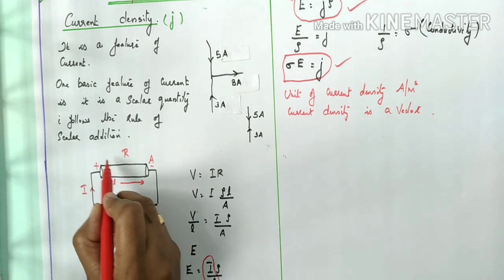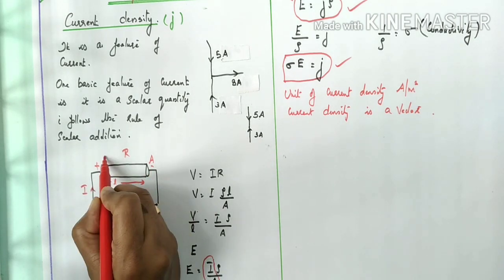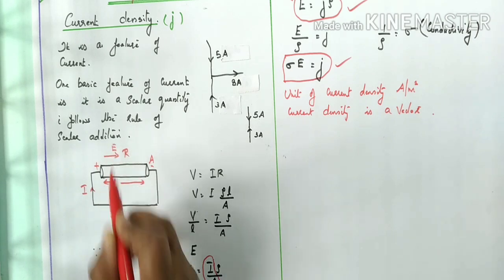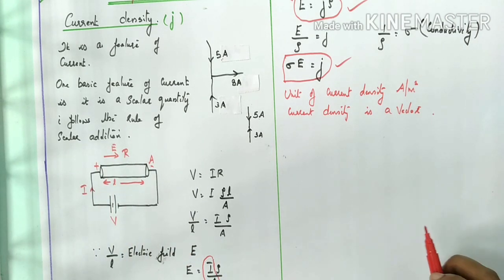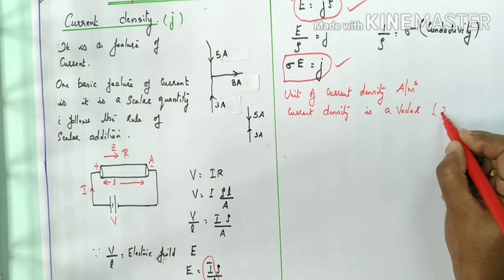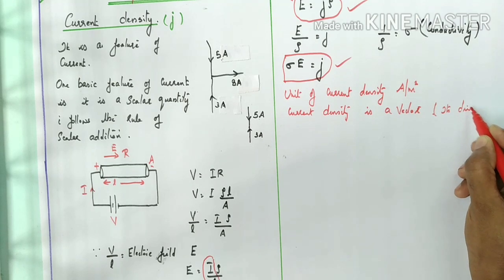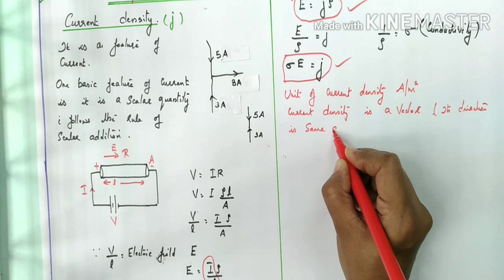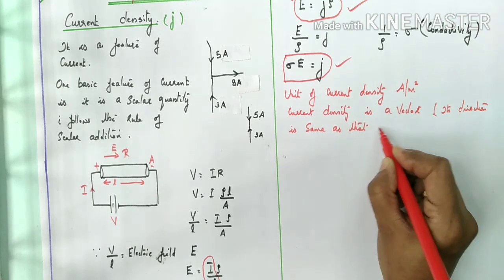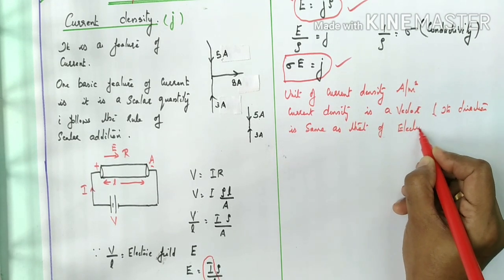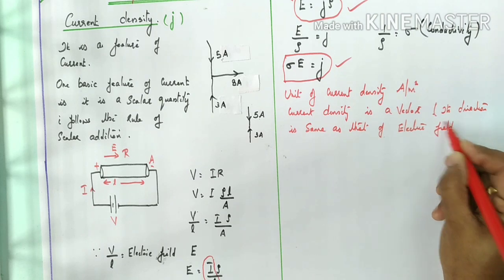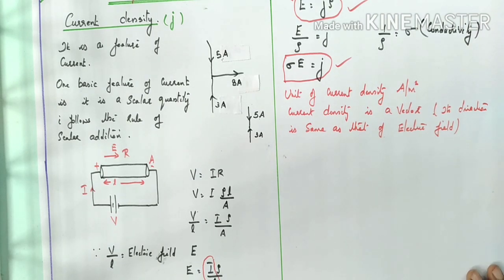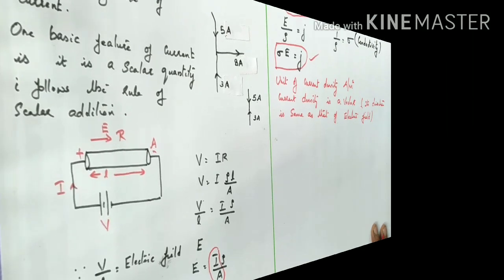The electric field is from positive to negative, so the direction of current density is the same as that of the electric field. Okay, children, that is all about current density.